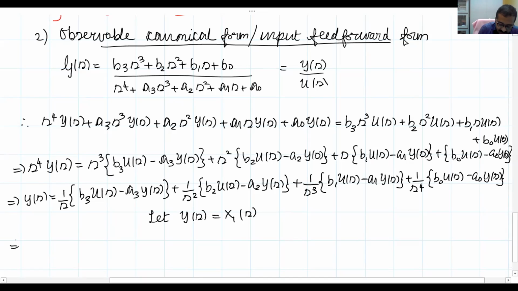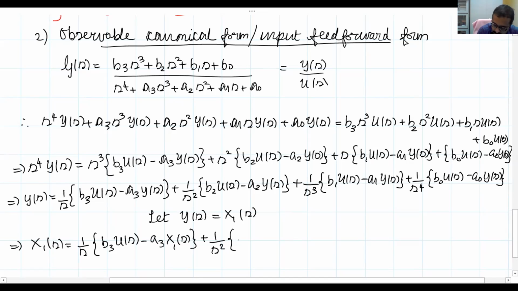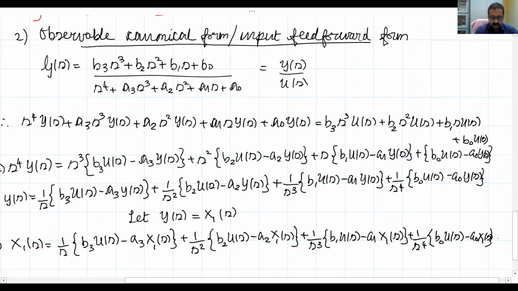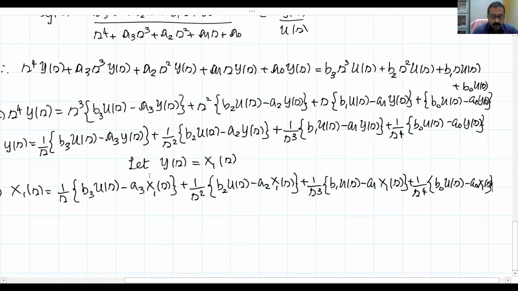So I can write x1 of s equals 1 by s into b3 u of s minus a3 x1 of s, plus 1 by s square into b2 u of s minus a2 x1 of s, plus 1 by s cube into b1 u of s minus a1 x1 of s, plus 1 by s raised to 4 into b0 u of s minus a0 x1 of s.